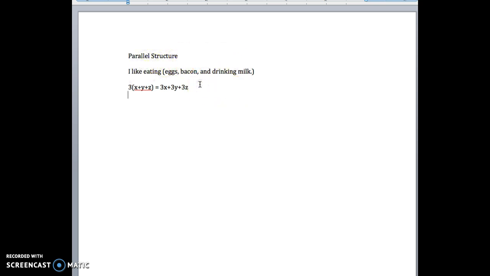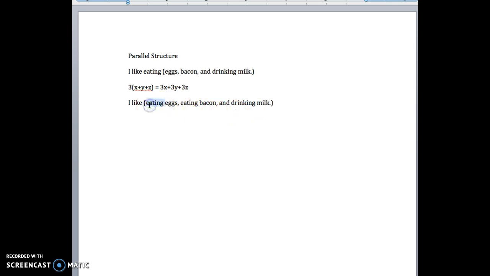So the way to write this sentence in a way that makes sense would be like that, because instead of distributing I like eating, this way you're just distributing I like. Kind of looks like that. That's equal to I like eating eggs, I like eating bacon, and I like drinking milk.